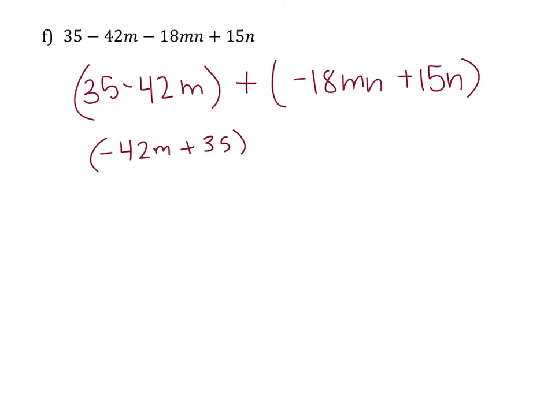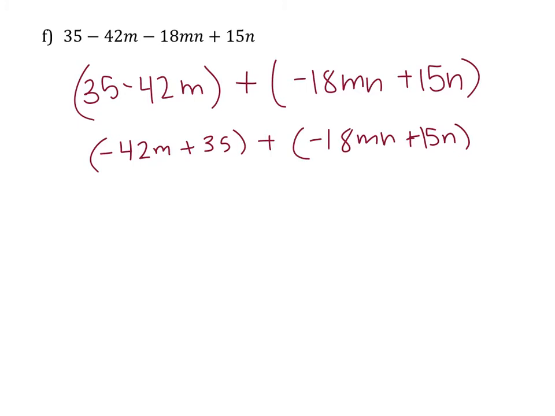Just because I want to keep the same signs, but I want it to be closer to what I'm looking for or what I'm used to. Okay, from here, negative 42m and 35. I might actually just factor out a negative here. We'll see, but I'm going to factor out a negative because my m is negative. I'm just going to try it out.